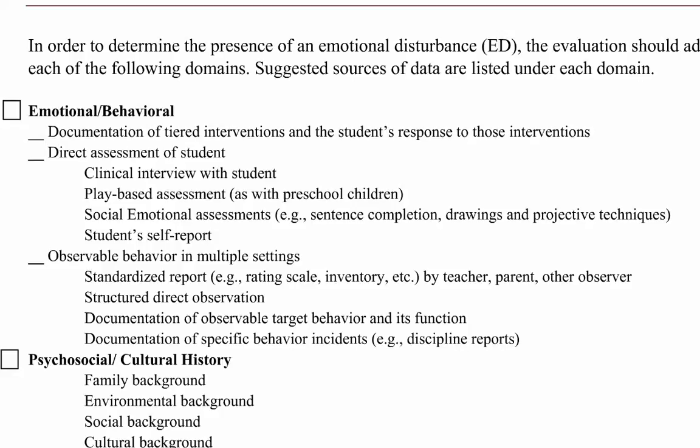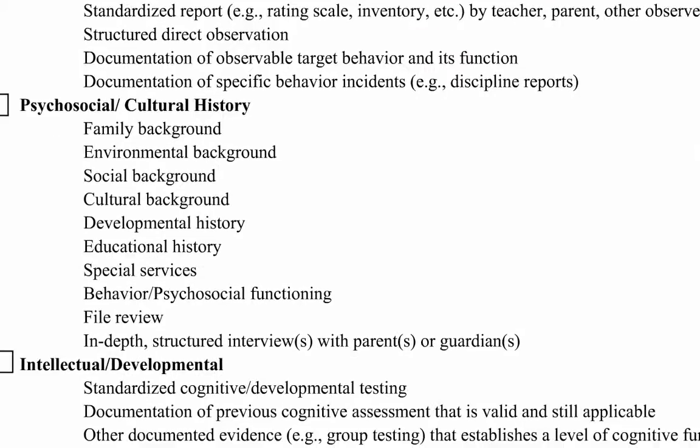You should do some direct assessment, and we'll look at an example of what that looks like, and observational assessments. Also, psychosocial and cultural history, that's something that goes into the assessment report for any student being considered for a federal special education category.